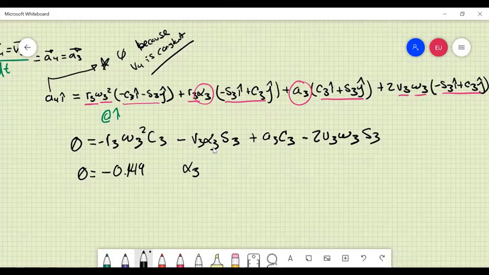Minus 71. Say that again. 71, I don't know. Sine of theta 3 times 3 half minus 6... minus 6. 1. I think it's positive, right?